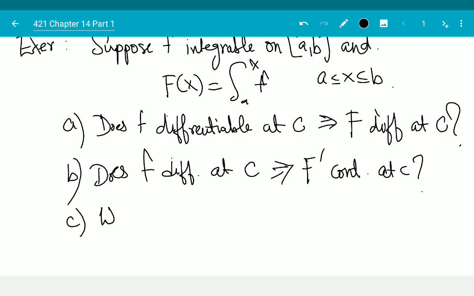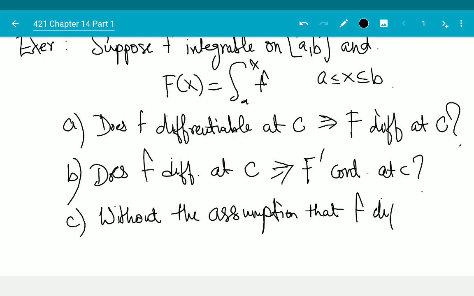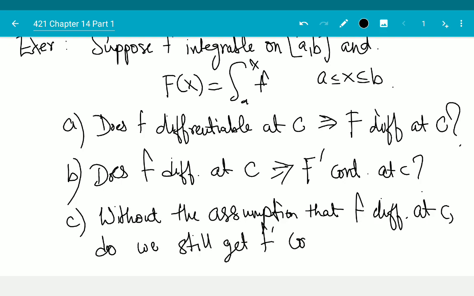Without the assumption that f is differentiable at c, do we still get f prime continuous at c?